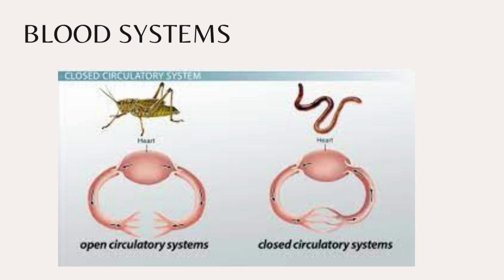There are two types of blood systems. You have your open blood system and your closed blood system. The open blood system is whereby blood flows through blood vessels that open into a body cavity called the hemocoel.